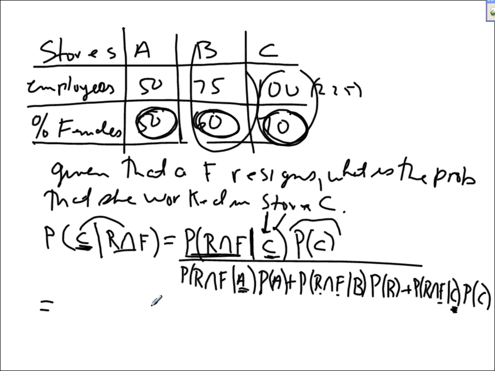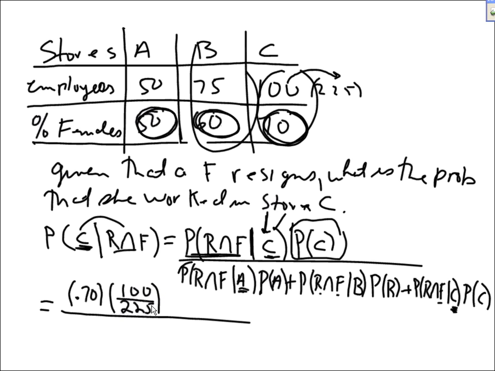The probability that you're a resigning female, given that you came from store C, is 70%. The probability you came from store C is 100 over 225. There's 100 workers in store C out of 225 workers in all. It's not 1/3.